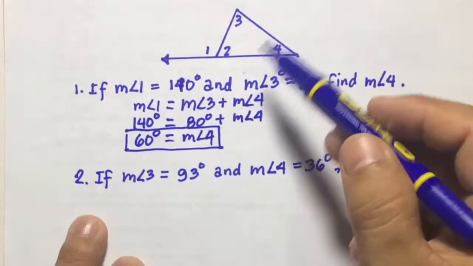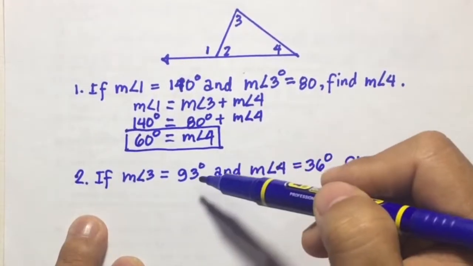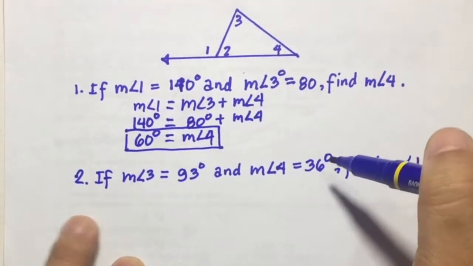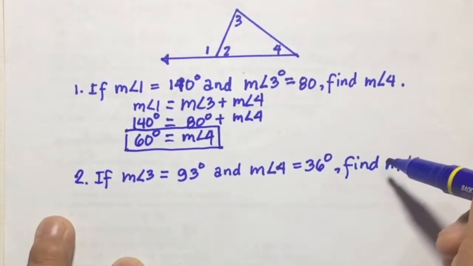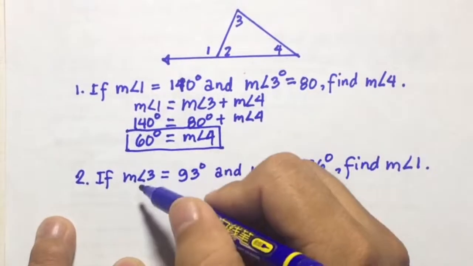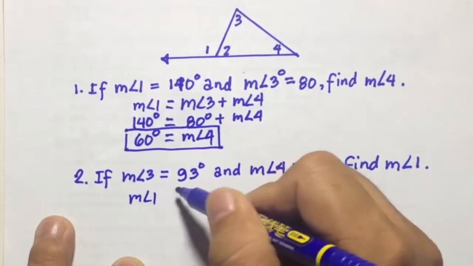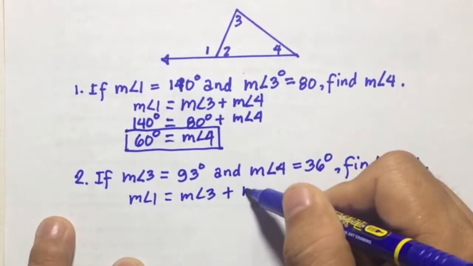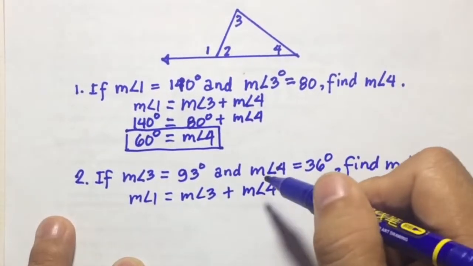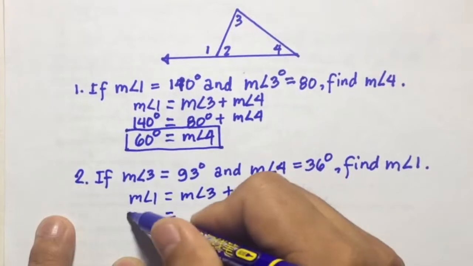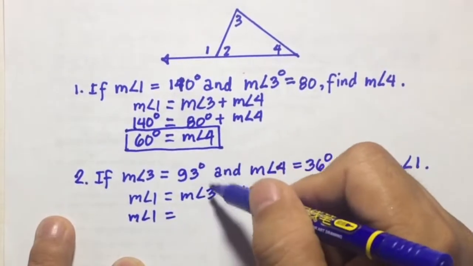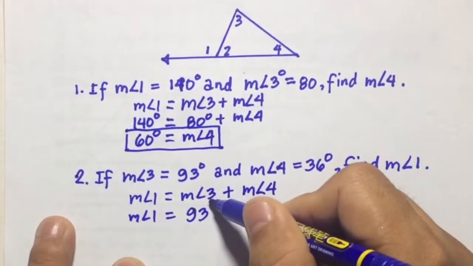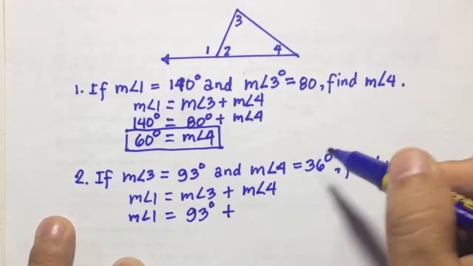Then for number 2, if the measure of angle 3 is 93 degrees and the measure of angle 4 is 36 degrees, find the measure of angle 1. The measure of angle 1 is equal to the measure of angle 3 plus the measure of angle 4.